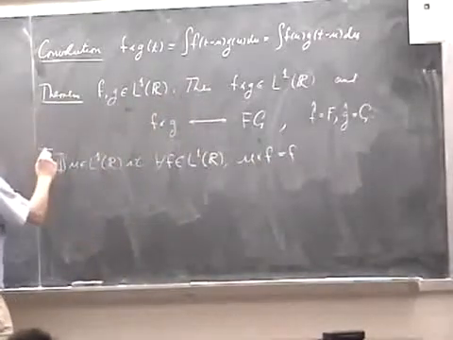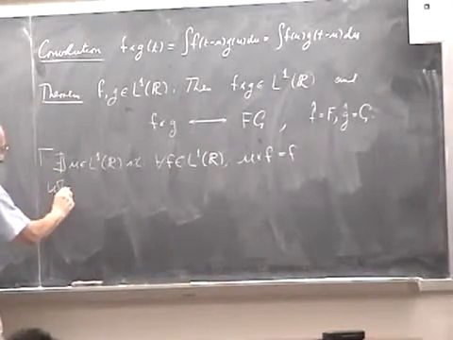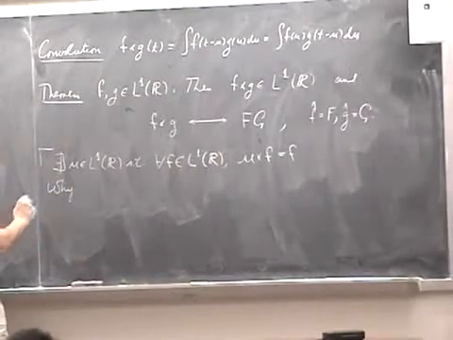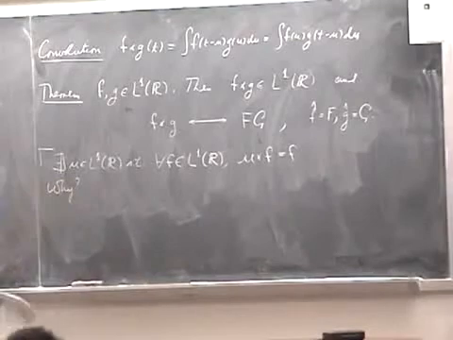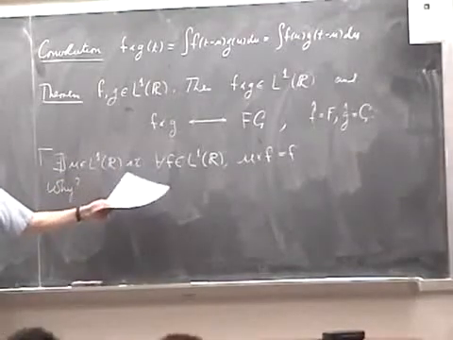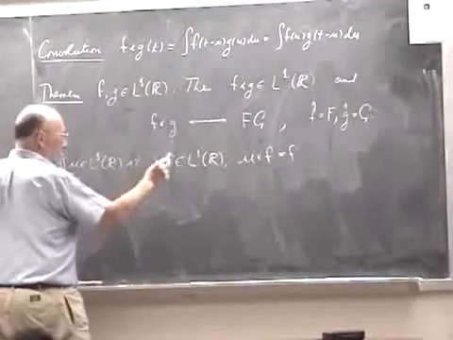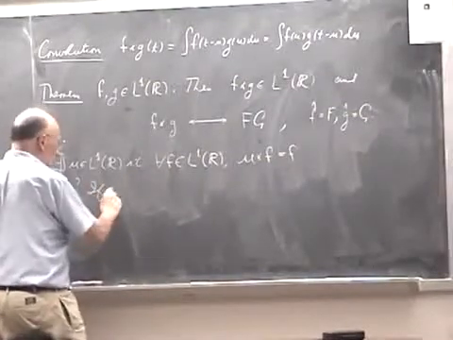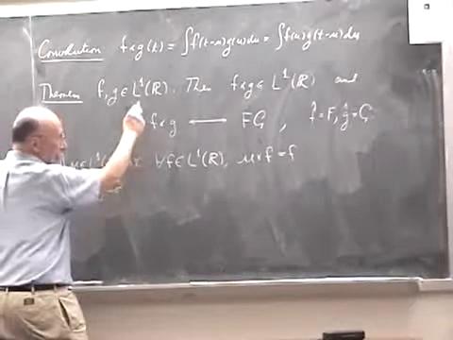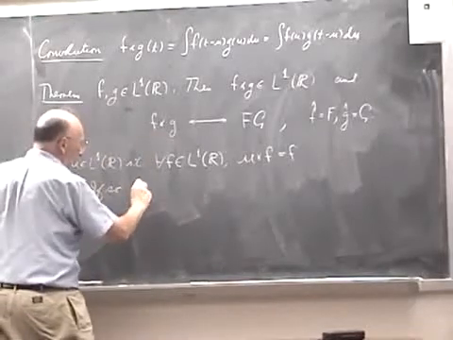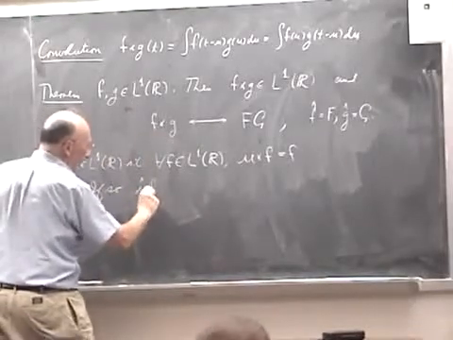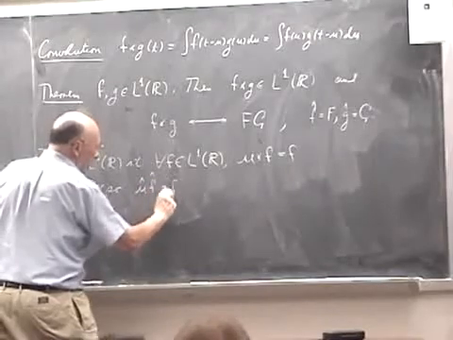Well, let's prove it. Why? And the answer is, why not? Well, if I take the Fourier transform of this, by this result here, we have that u hat times f hat is equal to f hat.